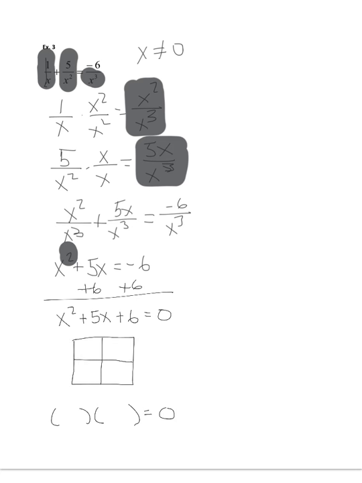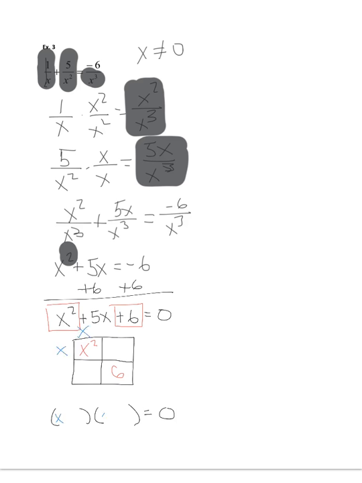And I know that in quadratic equations, the first term of x squared will always end up in the top left. And I know that the c term will always end up in the bottom right. And we ask ourselves and we work backwards. What times what gives you x squared? And we all know that the only things that multiply to x squared would be x times x.